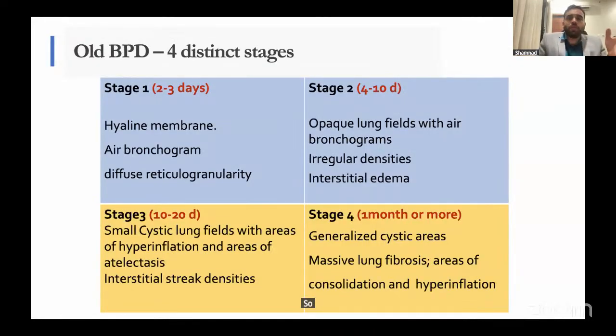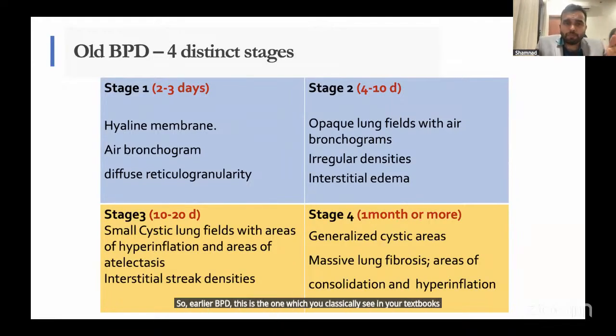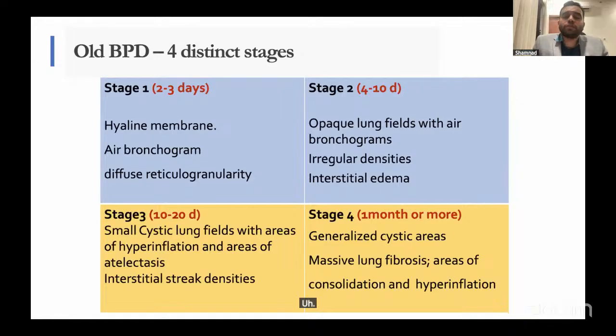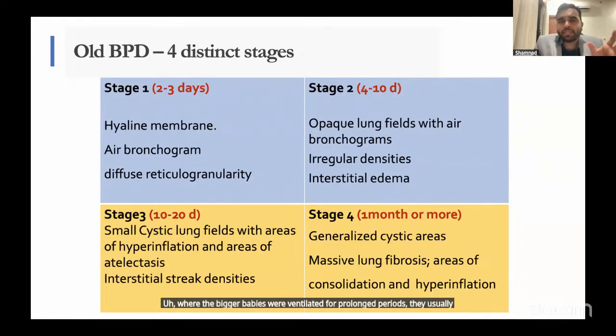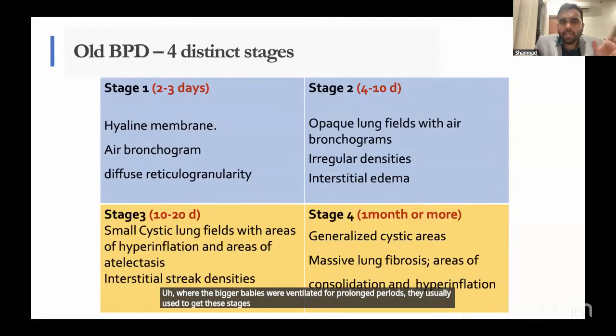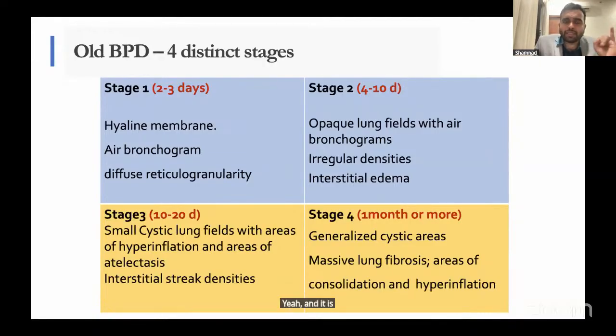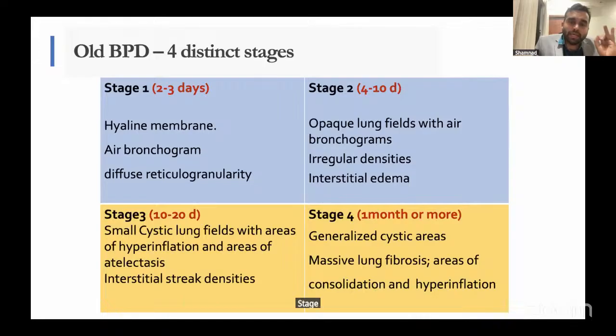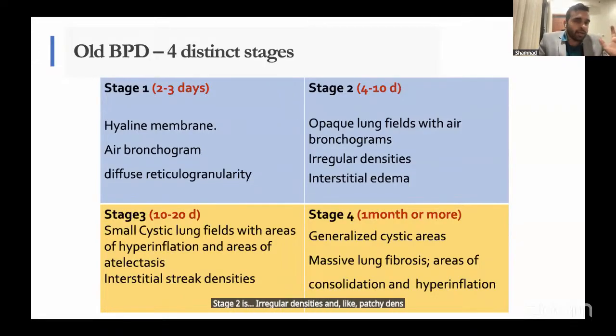So earlier BPD, this is the one which you classically see in your textbooks. Earlier, in the non-invasive and pre-surfactant era, where the bigger babies were ventilated for prolonged periods, you got distinct stages. It is easily remembered as stage one is like an RDS with air bronchogram and reticulogranularity. Stage two is irregular, patchy densities with interstitial edema.